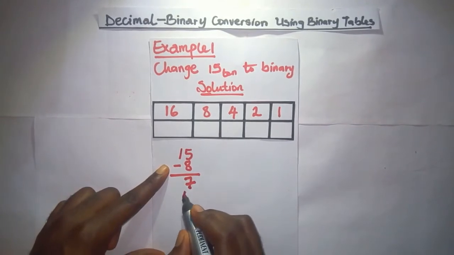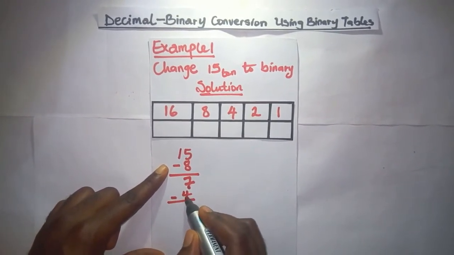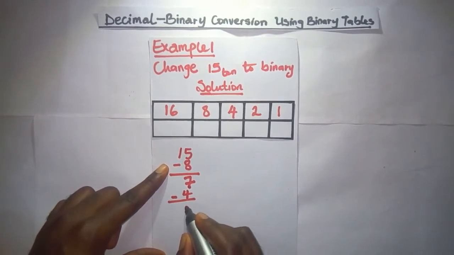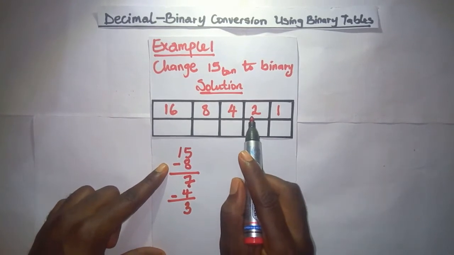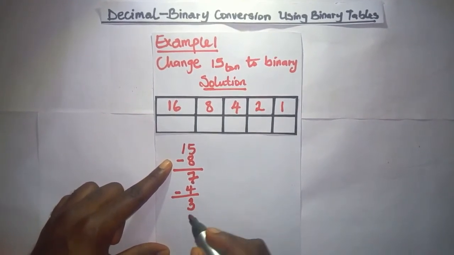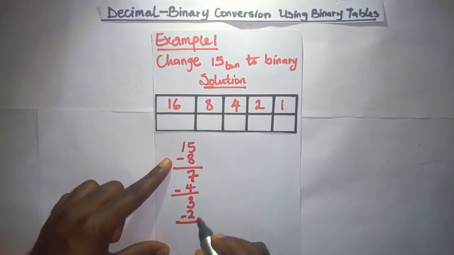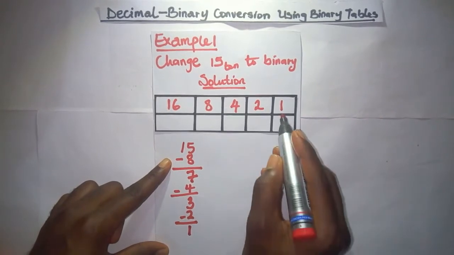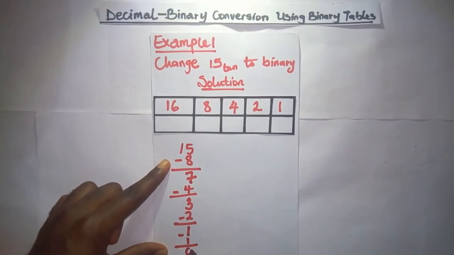So we will subtract 4. And if we subtract 7 minus 4, it is going to give us 3. Now, the next number we have here is 2. 2 is less than 3, so we are going to subtract 2 out. If you subtract 2, you are going to have 1. And then we have 1 here. If you subtract 1, it's going to give us 0.